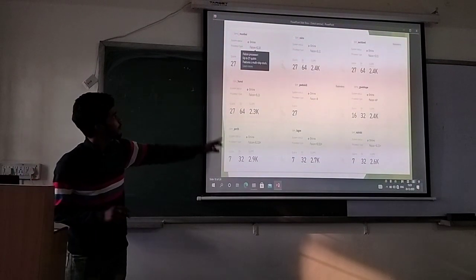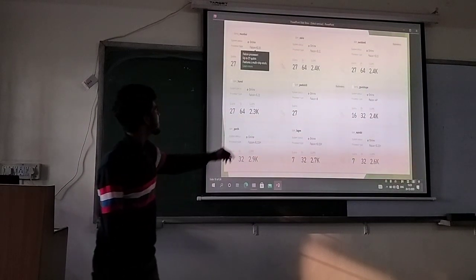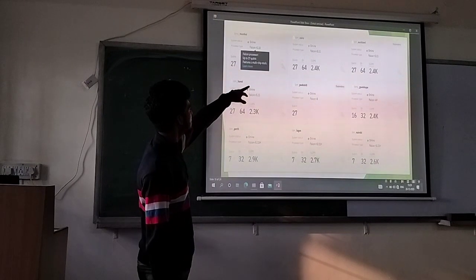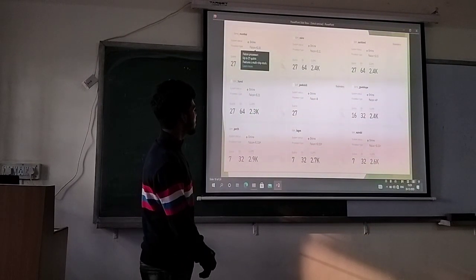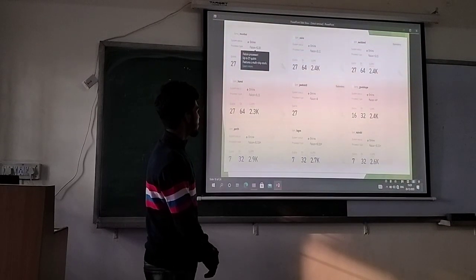And here there is also IBM Mumbai, IBM Kolkata, and IBM Nairobi, but you can see there is a catch, because here 27 qubits got 64 quantum volume, but with 7 qubits we get 32 quantum volume.